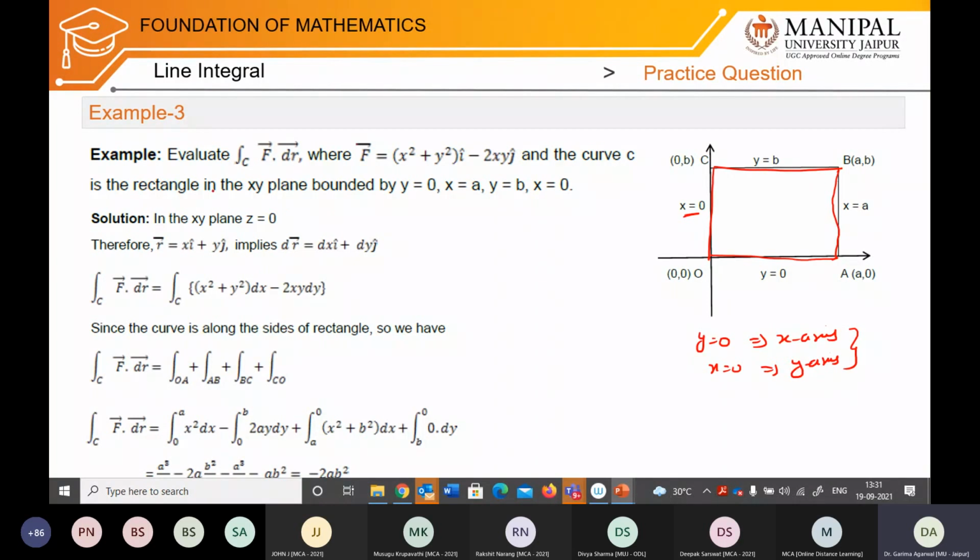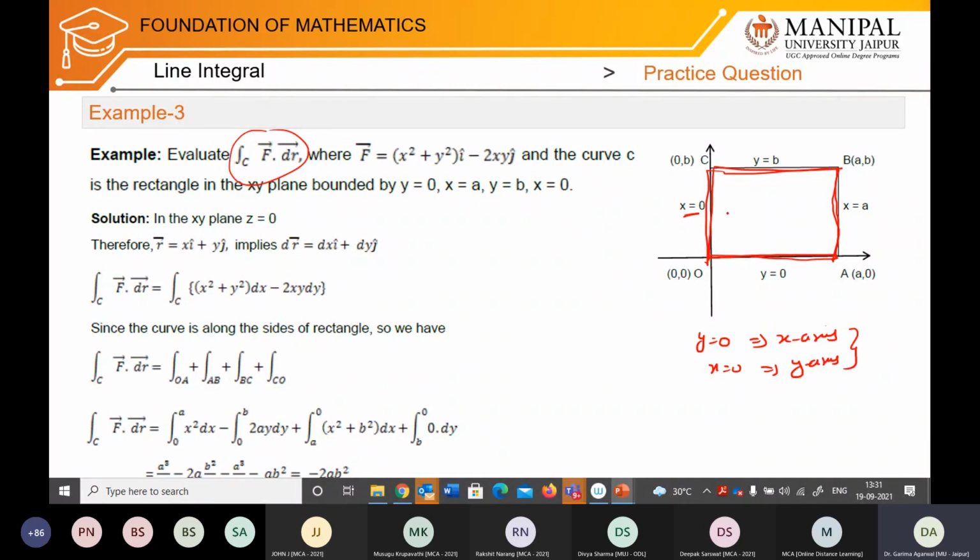Now I need to find this integration along the curve rectangle in the xy plane. Means I need to find this integration along this line, then this line, then this line and this line, because this is a line integration f dot dr, right?